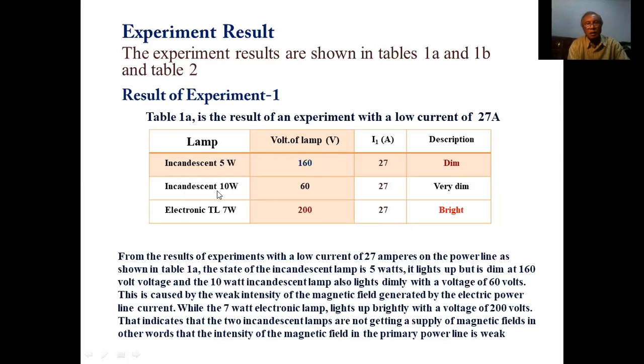For the incandescent lamp 10 watt, the voltage of the lamp is 60 volts, and the description of the lamp is very dim. Electronic lamp is 7 watt, the voltage of the lamp is 200 volts, and the lamp is bright.